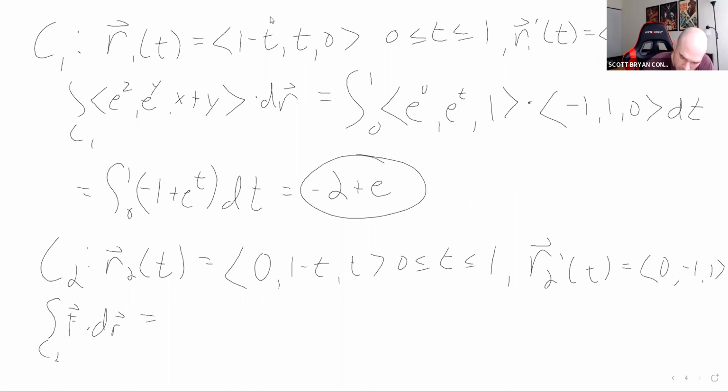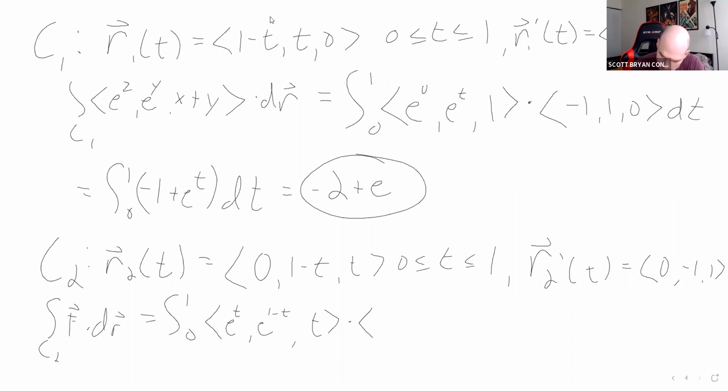So the integral over C2, we're still using the same vector function, e to the z, e to the y, x plus y. So replacing x, y, and z with the parameterizations. Remember, now we're using the new parameterizations for R2. So e to the z is now e to the t. E to the y is now e to the 1 minus t. And then x plus y is going to be t plus 0.